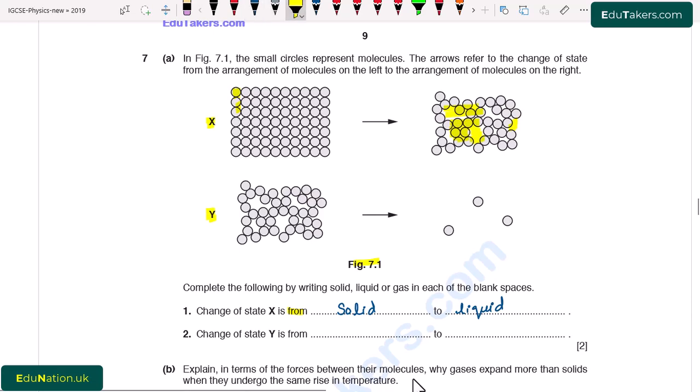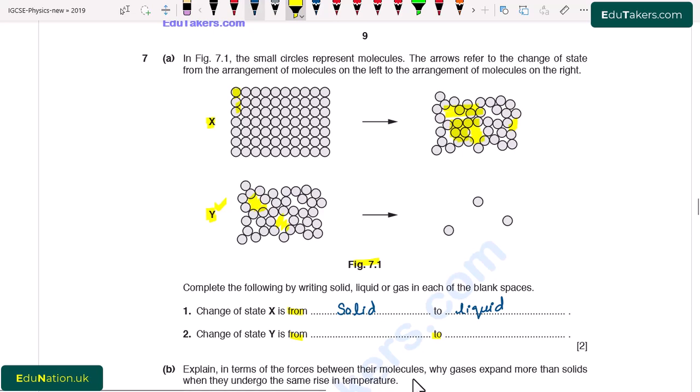Part 2. Change of the state Y is from dash to dash. So we can see here it's a Y and this system is basically liquid because the molecules are small distance apart from each other and the force of attraction here is smaller as compared to solids.